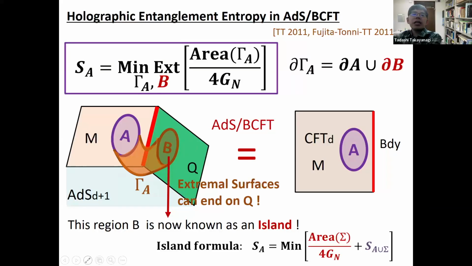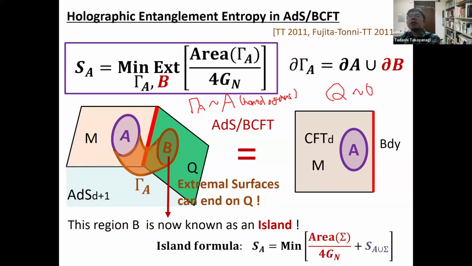This is actually related to the homology constraint. In holographic entanglement entropy, which I didn't explain so much, gamma A and A should be homologous. It's a topological condition. But here, the non-trivial thing is that we treat Q as trivial in homology.